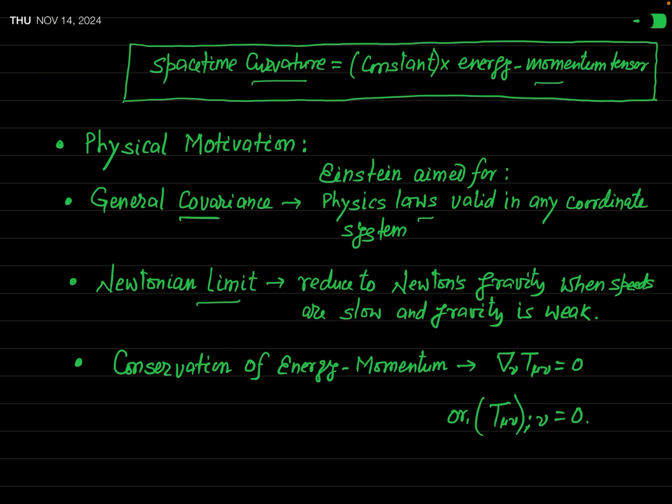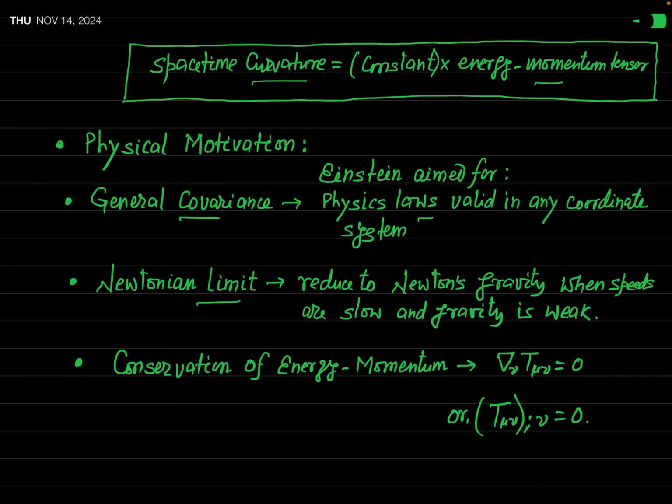So while deriving this equation, Einstein thought that the form of the equation should be such that whenever we impose the condition of the classical limit, the equation must convert into Newtonian theory of gravity. So this was also a physical motivation for Einstein.